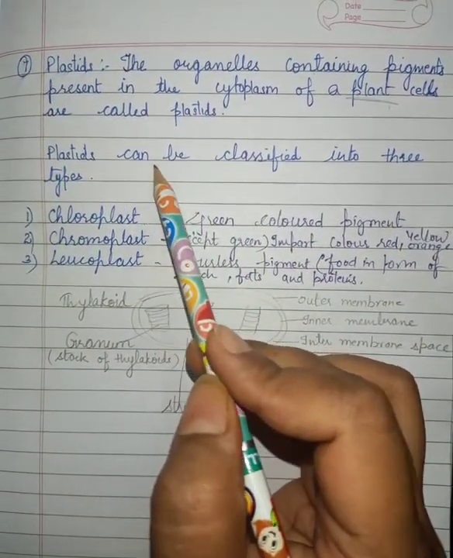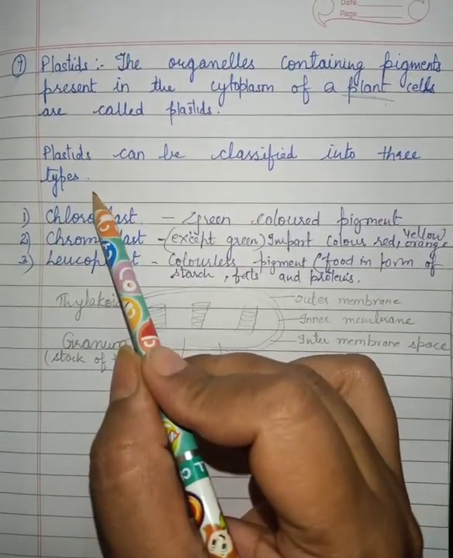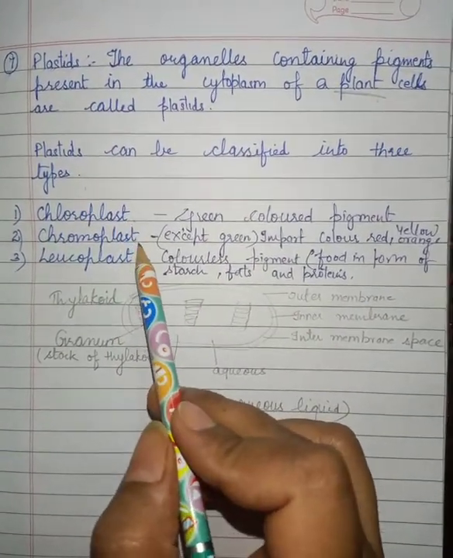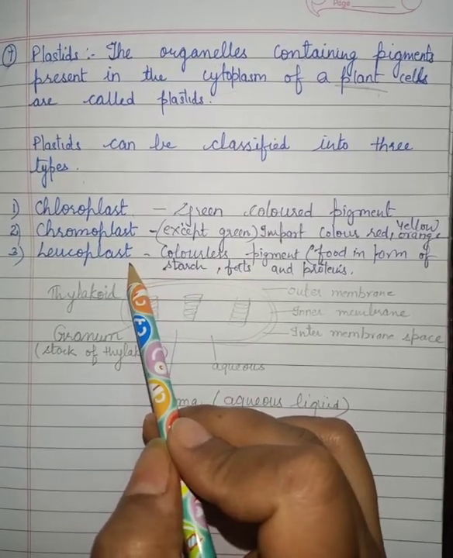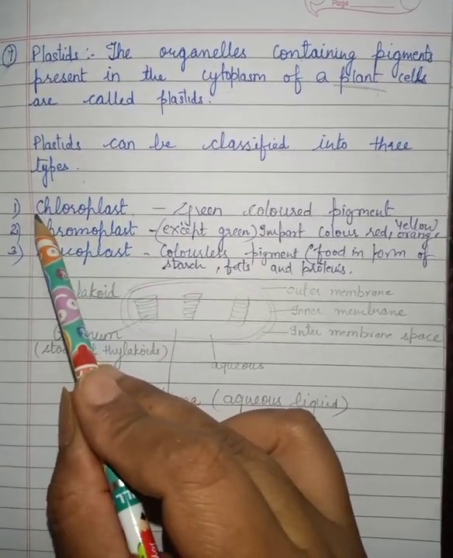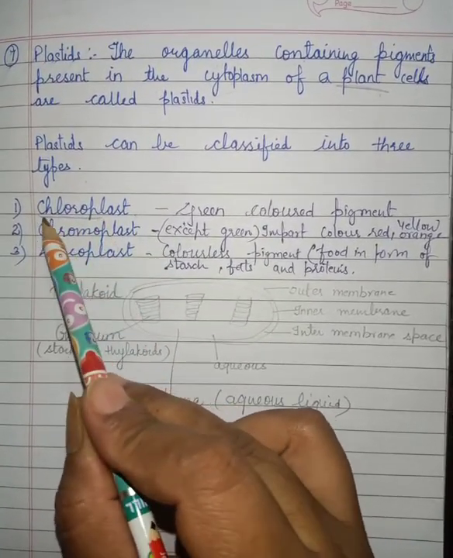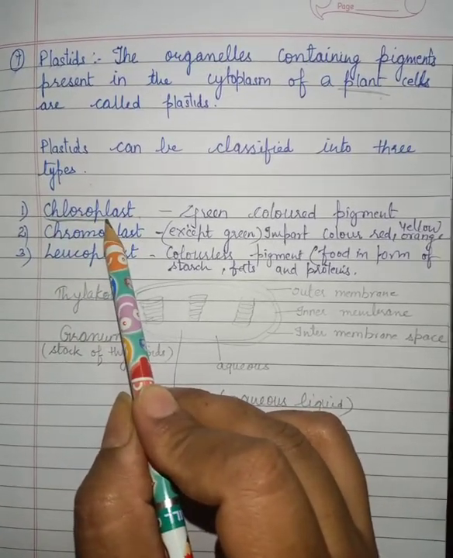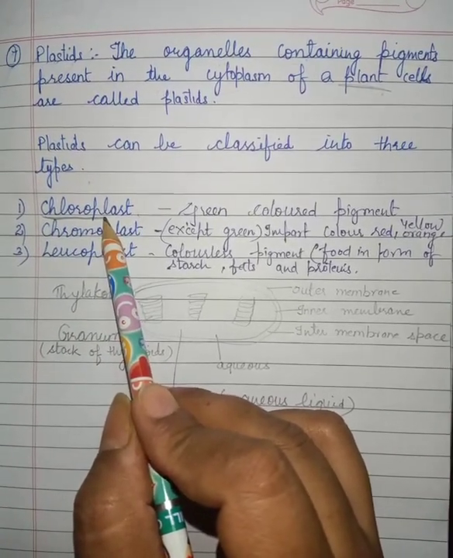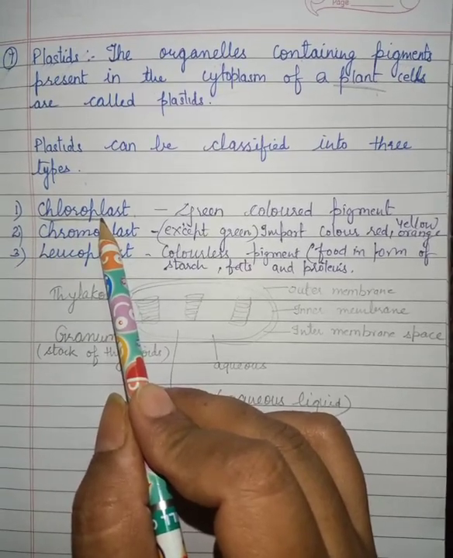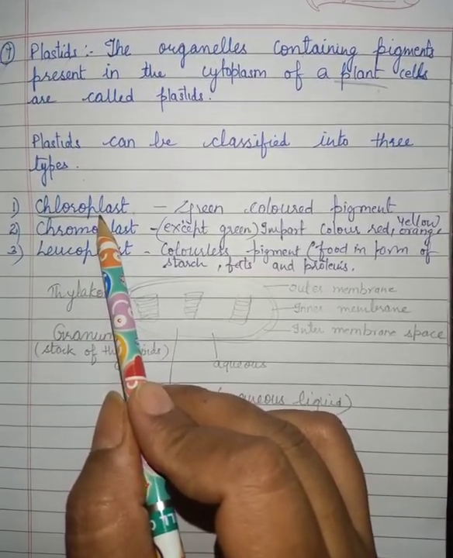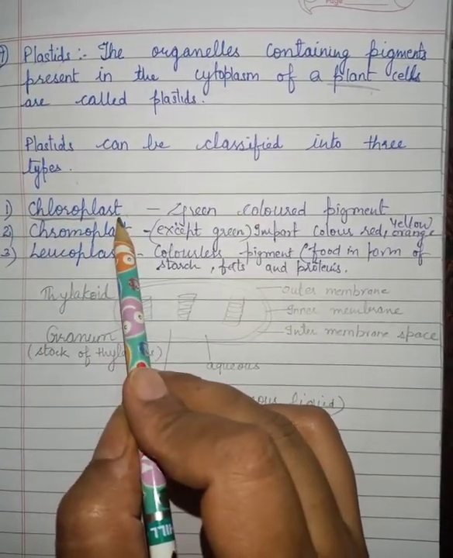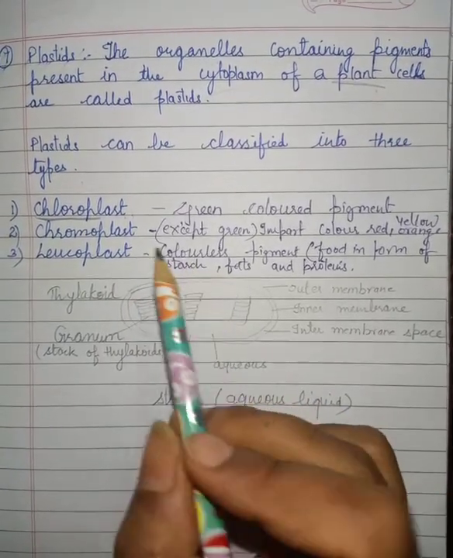Now plastids can be classified into three types: chloroplast, chromoplast and leucoplast. Chloro means green. So if the plastids are of green color, they contain a green pigment, then those plastids are called chloroplast. We have the structure of chloroplast that I will explain later on.